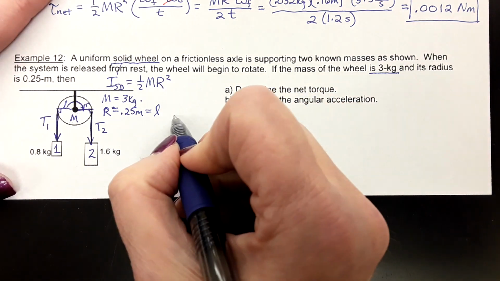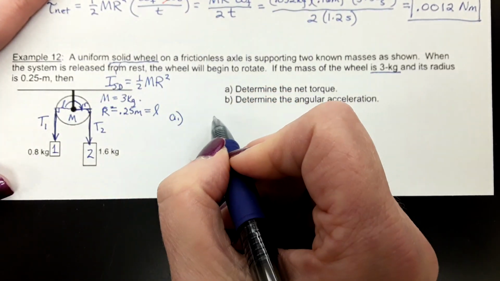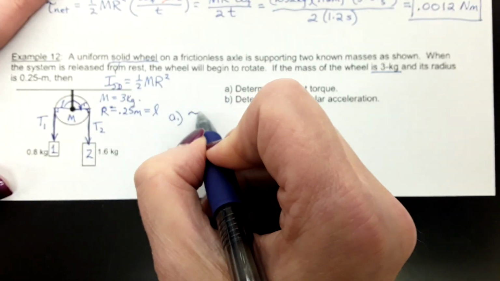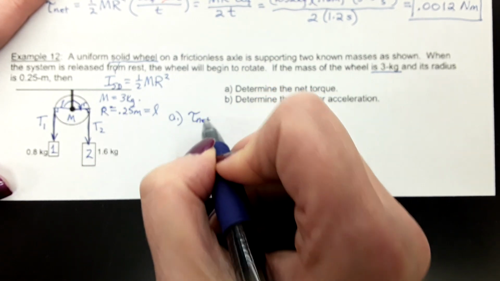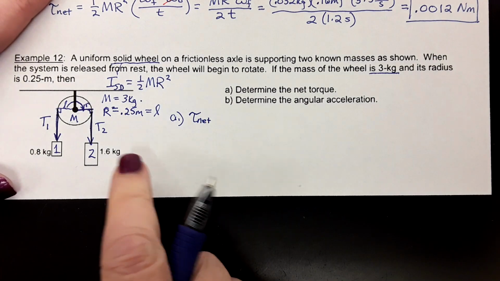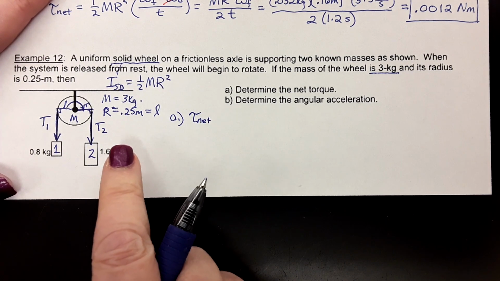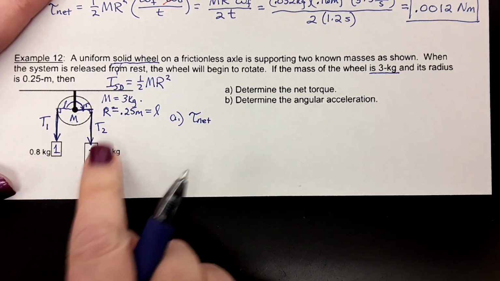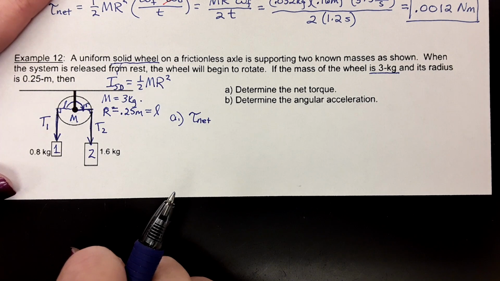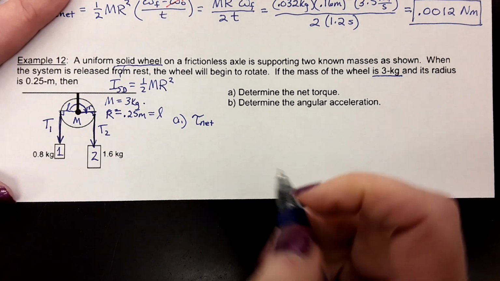That's the lever arm. So this is also the lever arm for the two tensions. Okay, so determine the net torque. The net torque, in this case, we cannot find using I times the angular acceleration, because we don't know the angular acceleration yet. So we have to go back to the other definition of torque.